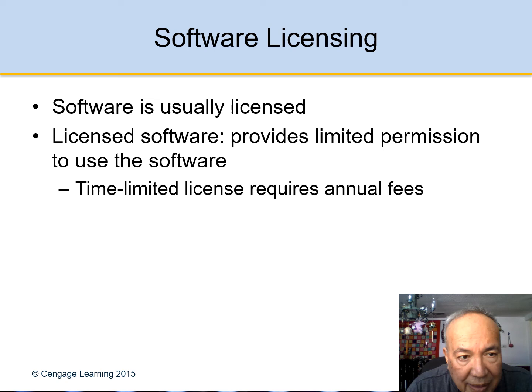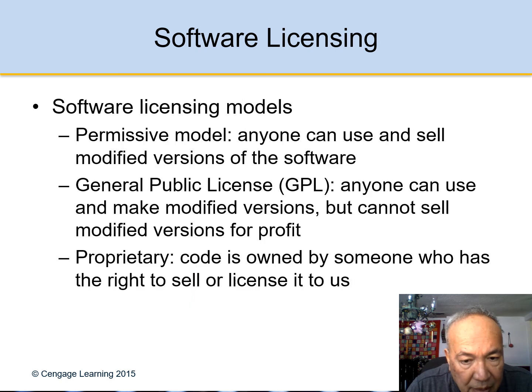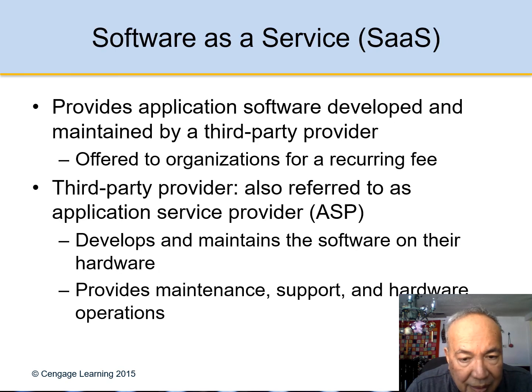Now software licensing. If you have to pay for it like Microsoft, you can get software licensing, and there are annual fees. This is still about software licensing models, the kinds of contracts on the licensing of using the software.